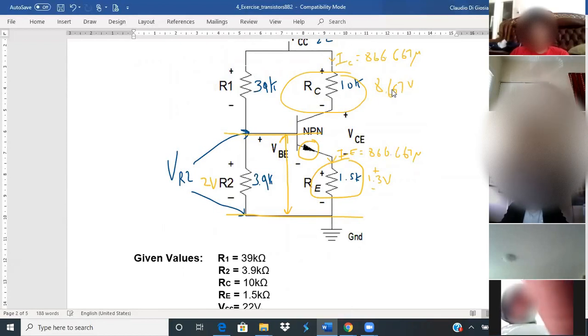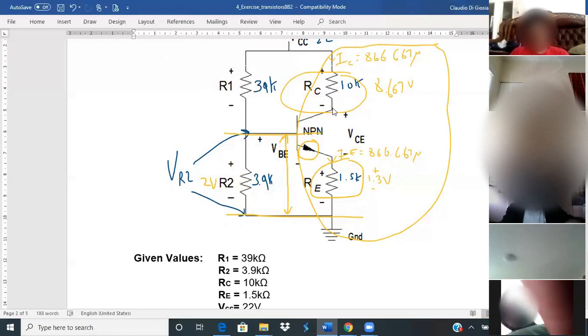That's the voltage here. So these three components here, we have RC, we have a VRC. We have RE, we have VRE. The only other component is the collector to emitter. Okay, so we want the voltage here. The voltage here should work out to half of VCC for it to be a good amplifier.